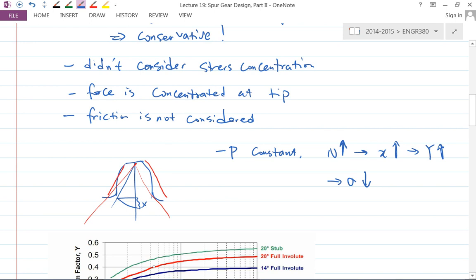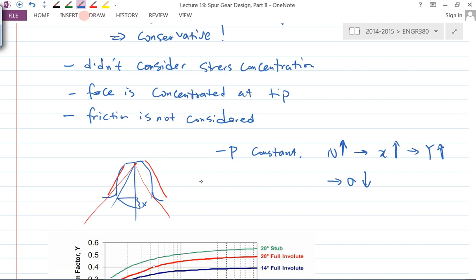So when you do the calculation, you should always check: what would you expect the bending normal stress on the pinion and the same one on the gear? Which one would be bigger? Pinion has a smaller number of teeth. Which one would have a bigger bending normal stress on the tooth? Pinion, right? So if your calculation is the other way around, then something is wrong.